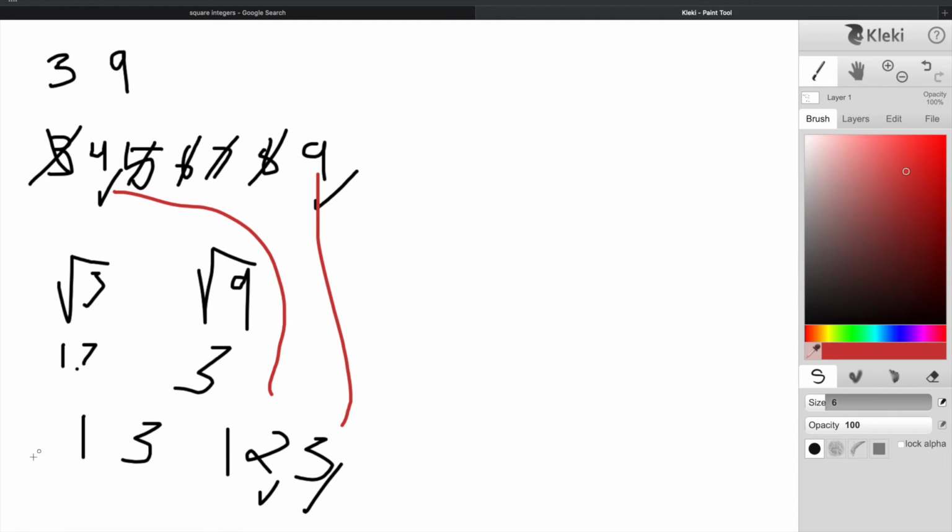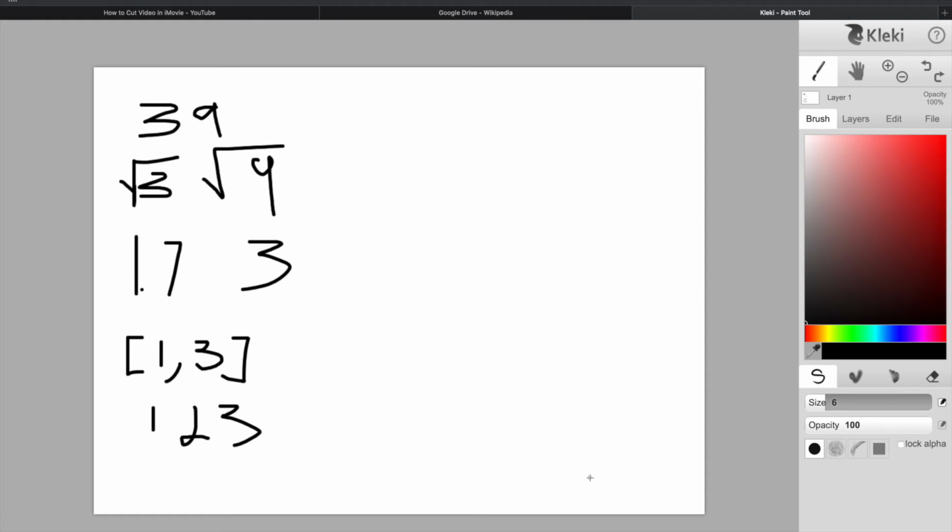Now, one last thing that we have to check is whether the first value that we have is a square integer that falls in our interval. To check this, we take our first value, in this case 1, and square our first value in our new interval.